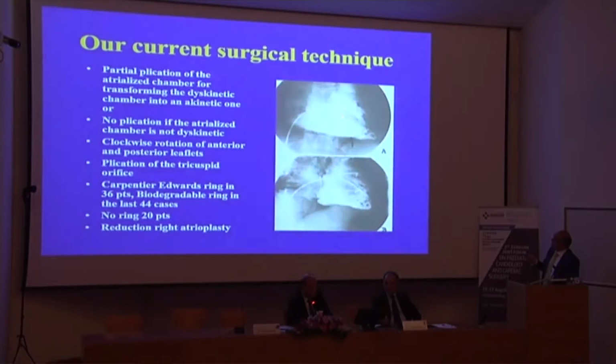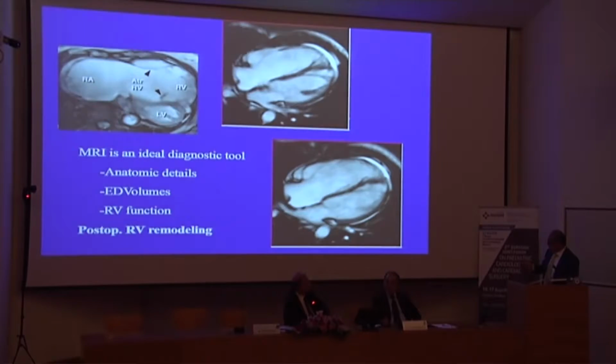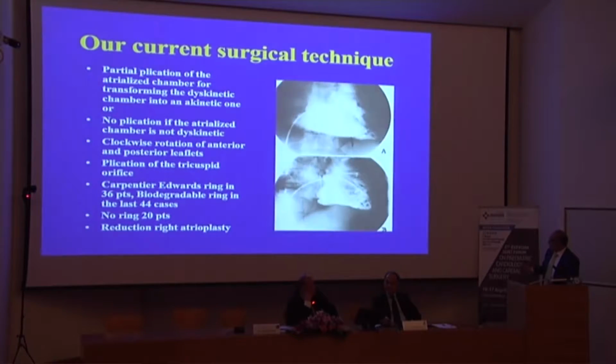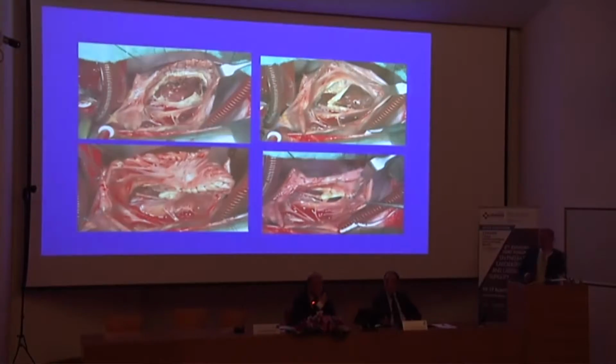As you see here, the true right ventricle is here preoperatively, and by this technique, with no plication or a central partial plication, finally you have a very good new right ventricular cavity.